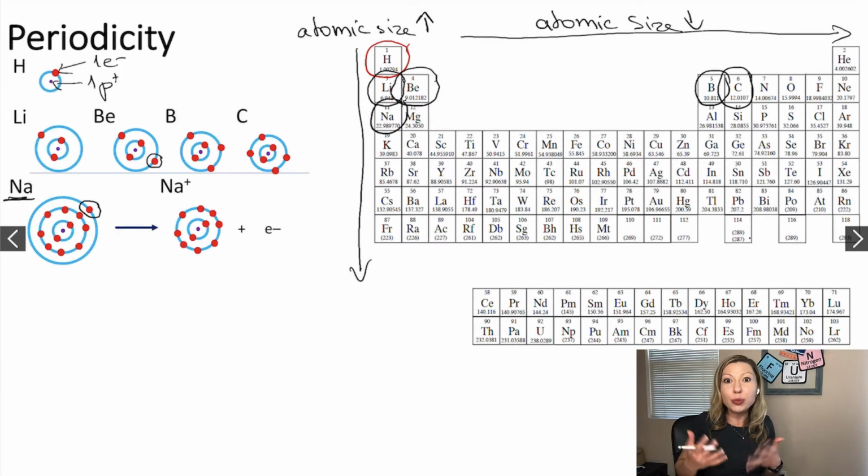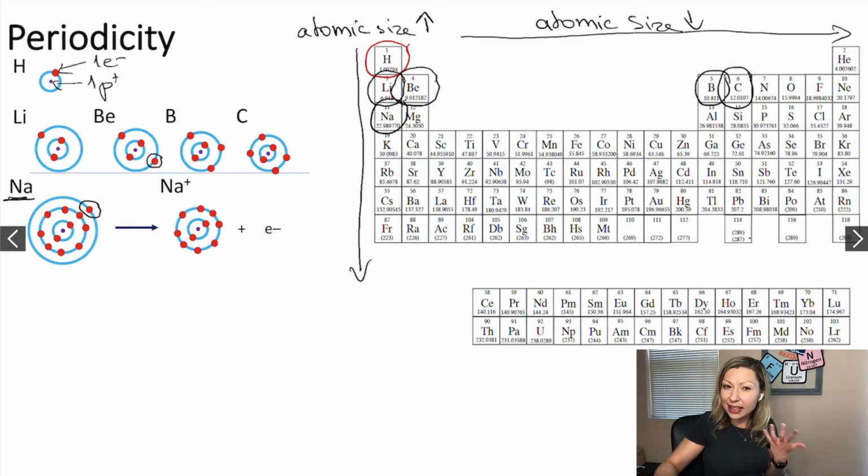So I'm going to produce an Na plus ion, which is a cation. And because I removed an electron, it's going to become smaller than the neutral element. So from here, we can get to the conclusion that when we produce positively charged ions, we are going to reduce the atomic or ionic size.